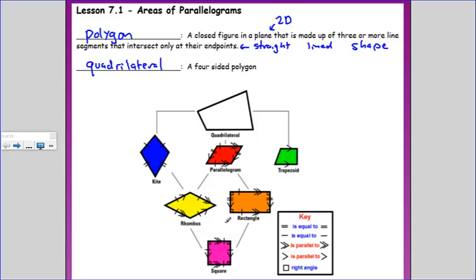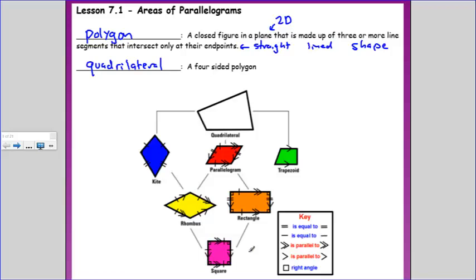Another type of parallelogram is a rectangle, which will have the parallel sides. It'll have the same length sides, but it also adds in right angles in the corners. That's what that symbol is. And then the most specific, most famous quadrilateral is the square, and it has a combination of everything above it. It has parallel sides, same length sides, right angles in the corner.